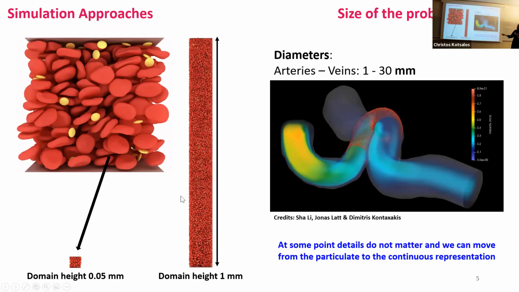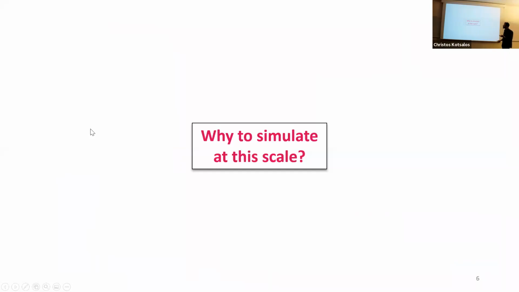The main topic of this thesis was the simulation of the particulate nature of blood. A question that naturally arises is why we need to simulate at this microscopic level. The answer is that there are many interesting phenomena that can be better understood by simulating blood at this scale.